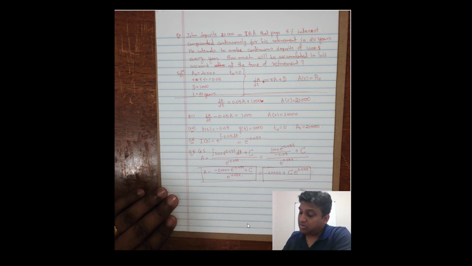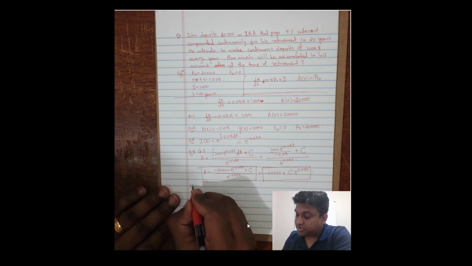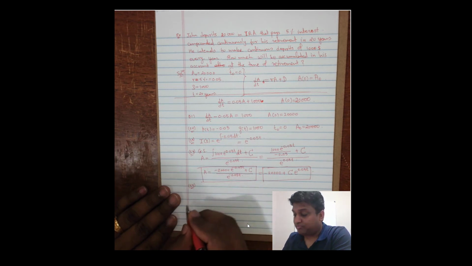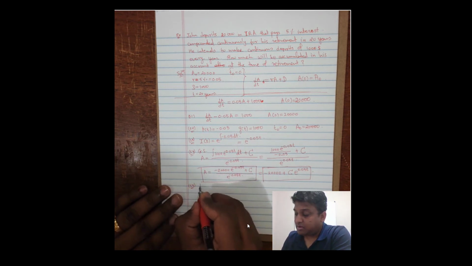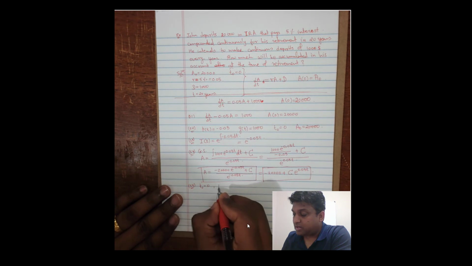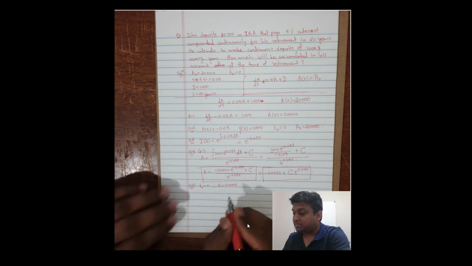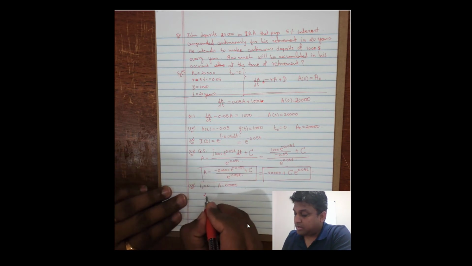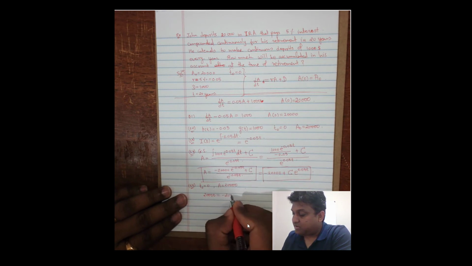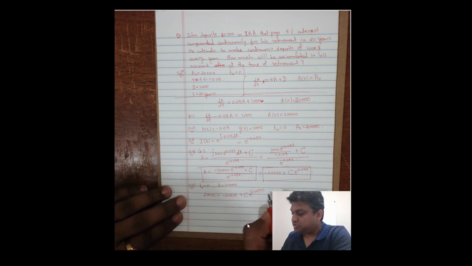Okay, need to find out the particular solution. Let's do that now. Use the initial data. When t is 0, A equals 20k. So A equal to 20k. On the other side I have negative 20k plus C e to the 0.05 times 0. E to the 0 is just 1.